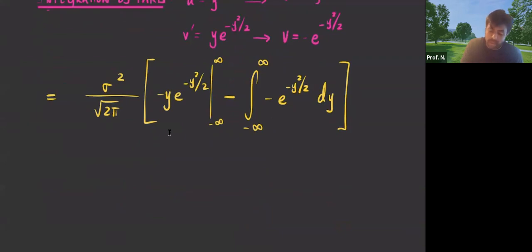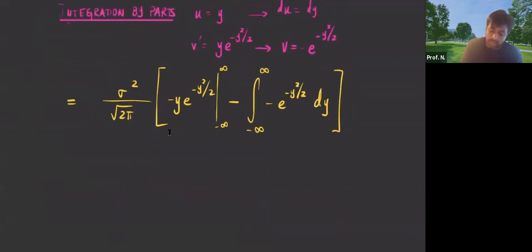So this becomes, negative times negative is a positive, so this is positive, the integral from negative infinity to infinity of e to the negative y squared over 2 dy. And then this here goes from negative infinity all the way to infinity.